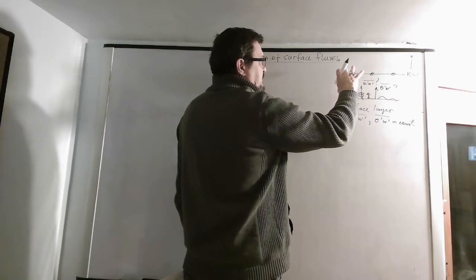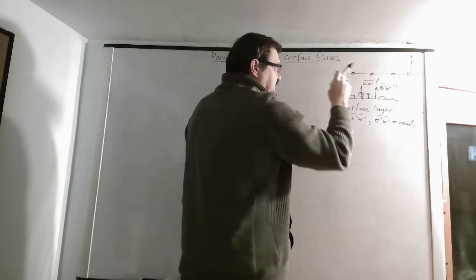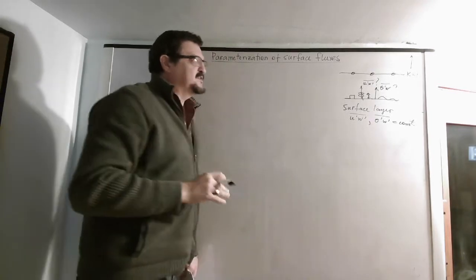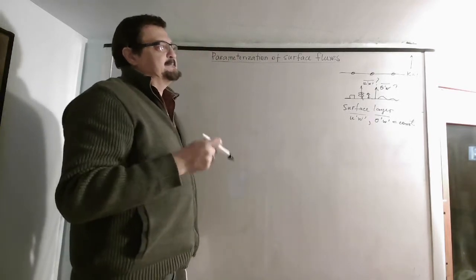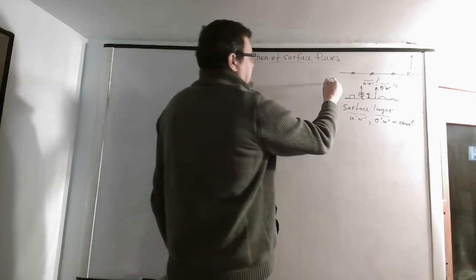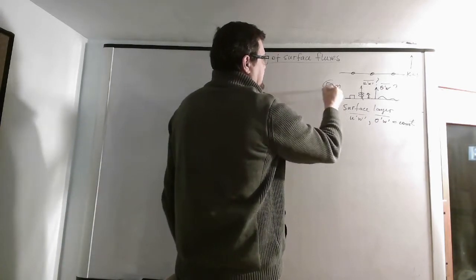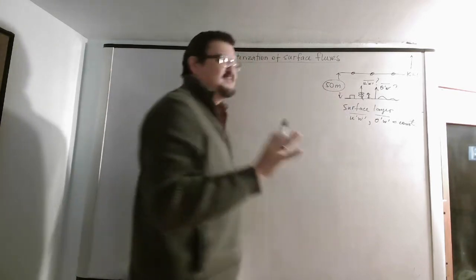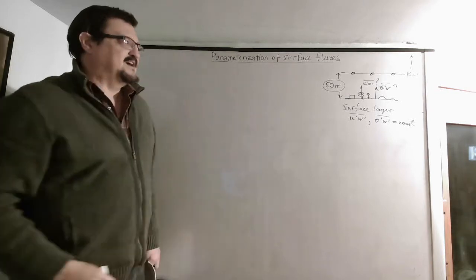We put our first level within the surface layer, not at the top of it, but somewhere within. Typically the surface layer is maybe about 50 meters above some average surface height.